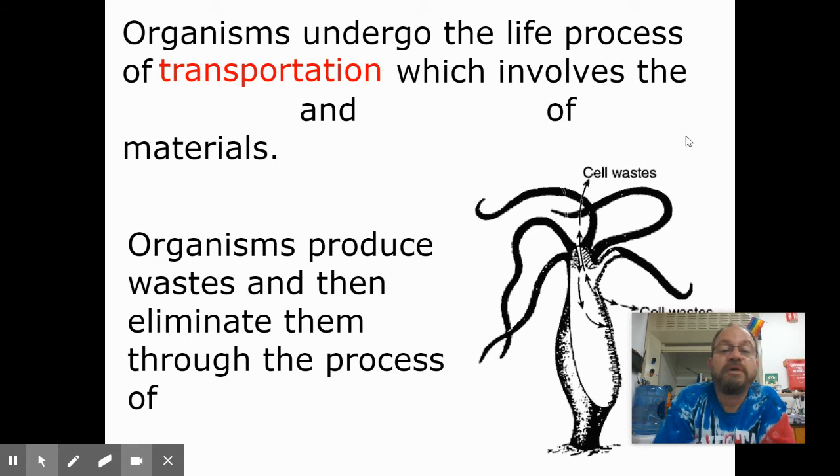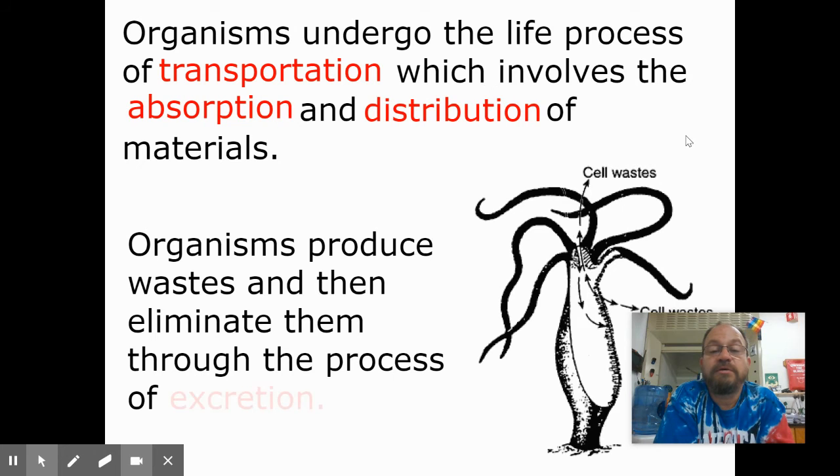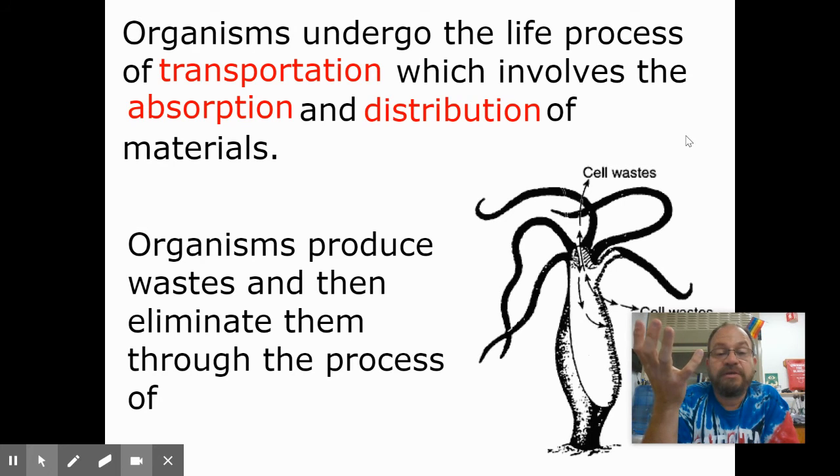Organisms also undergo the life process of transportation. Transportation is how materials in the body are taken in and moved around, distributed throughout the body so they can be used. If you think about a plant, it has roots.